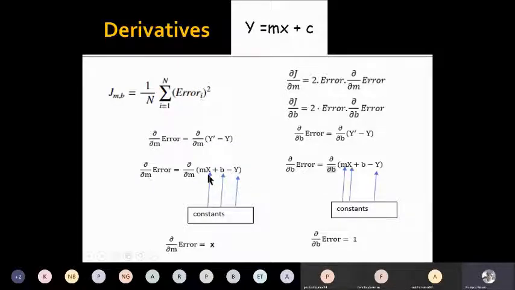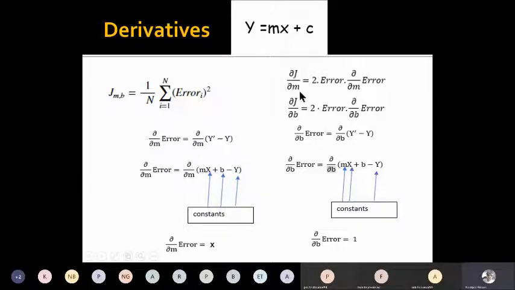So the del m error is simply x. Similarly, for del b of the error, m, x, and y are constant with respect to b, so del b is equal to 1. So I am just putting this value in this equation.